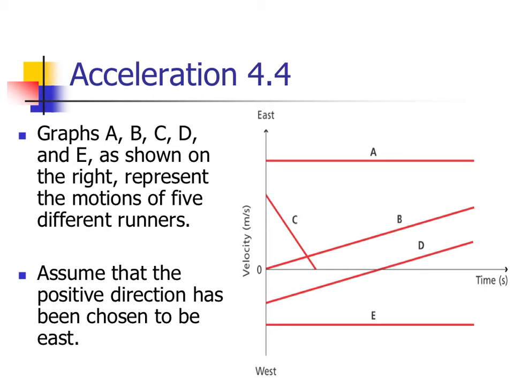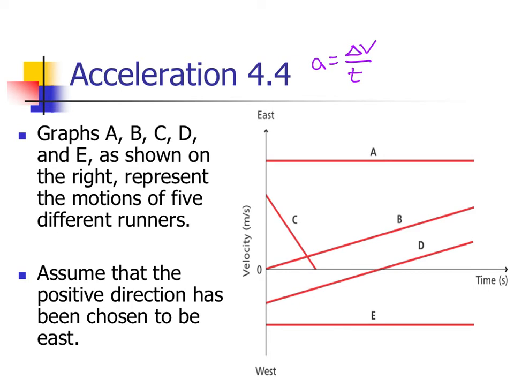So when we look at these lines, we can see that the A line is as high on the velocity as it is. But the slope of that velocity line is, there is no rise over run. Now remember that acceleration is found as change in velocity over time.